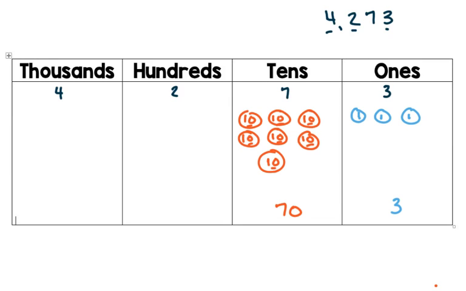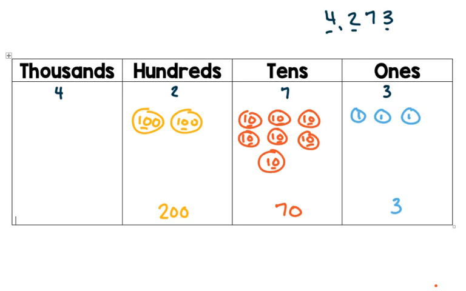Now we're going to do hundreds. It says that I have 200, so I'm going to draw 2 hundreds, and I'm going to count them. 100, 200. So that 2 is worth 200. And now I have the number 4 in the thousands column.